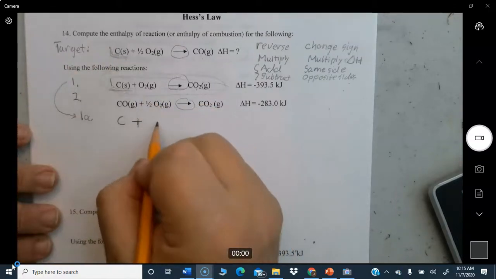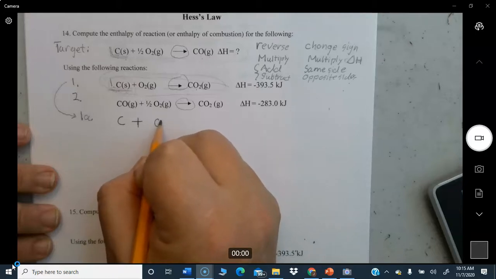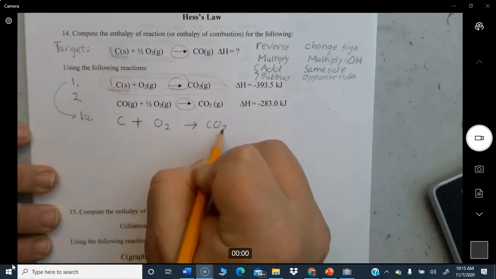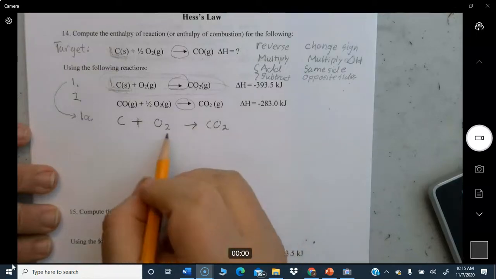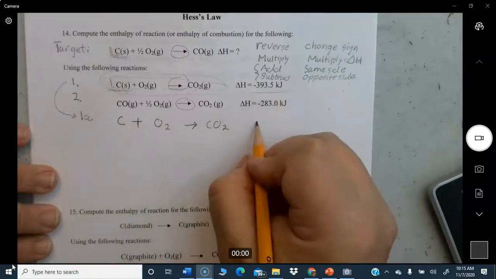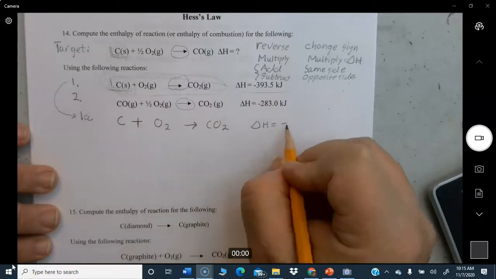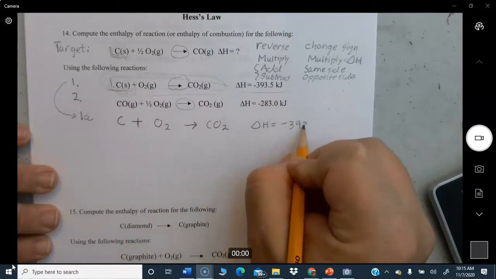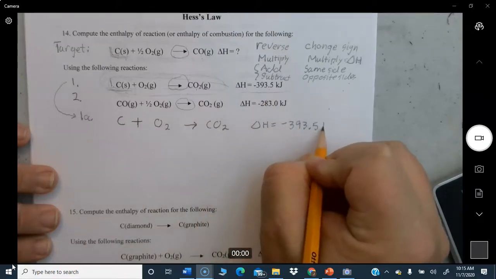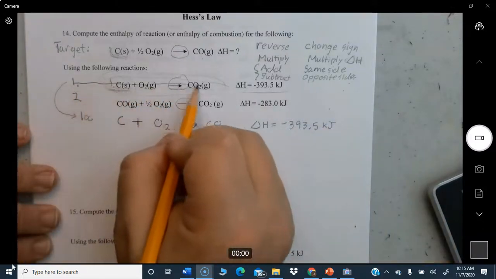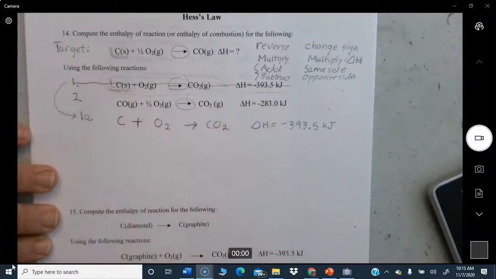All right, I'm just going to try to save a little time here. Okay, and that means the change in enthalpy is the same as it was originally right here. Okay, so now that I've written that, I'm going to lightly put a line through this so I don't accidentally add it in a second time there.